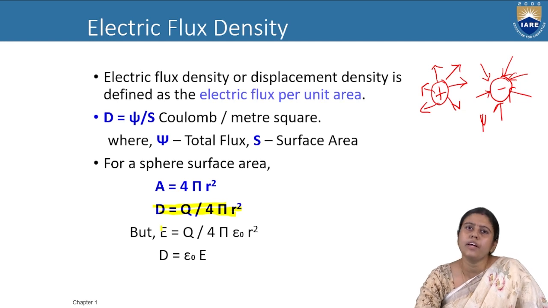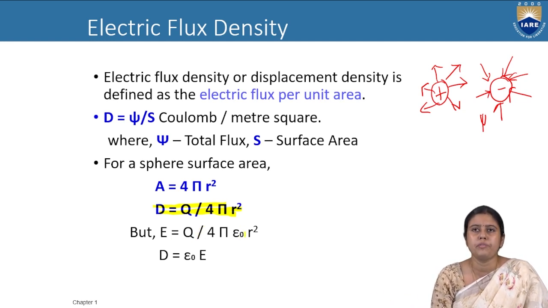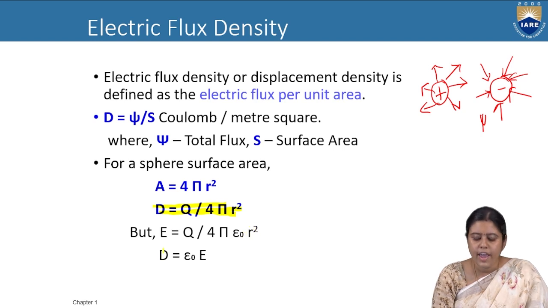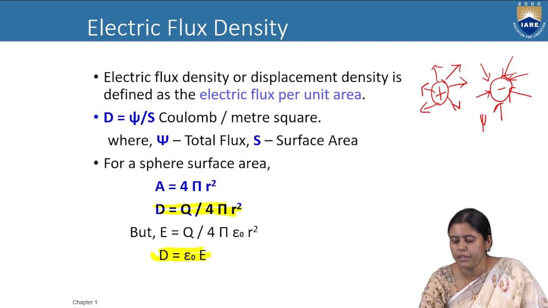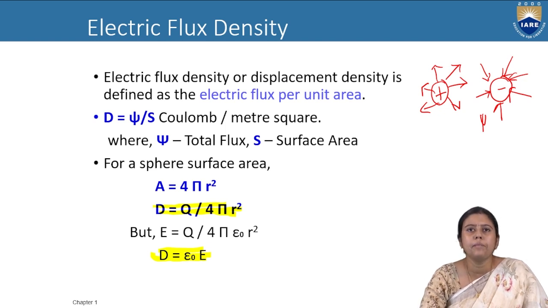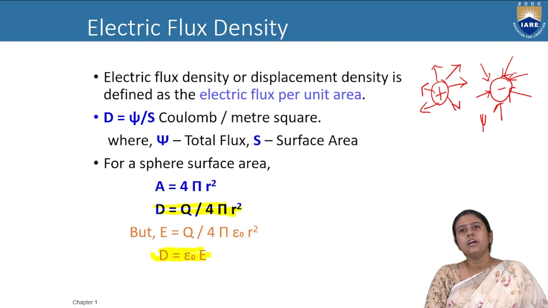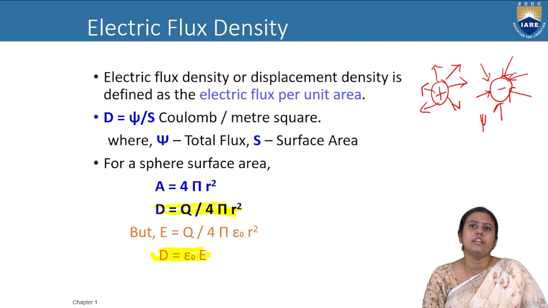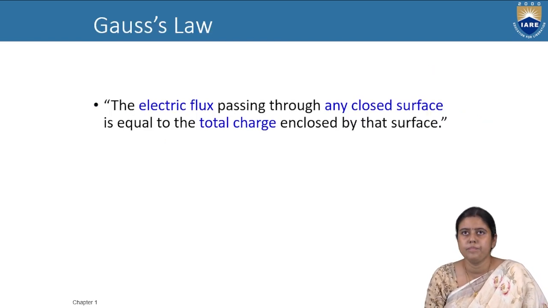Again, from Coulomb's law, E is equal to Q by 4 pi epsilon 0 r square, and we get this important relation: D is equal to epsilon 0 into E. It is for free space. If it is in another medium, we can write D is equal to epsilon into E. This is a very important relation.